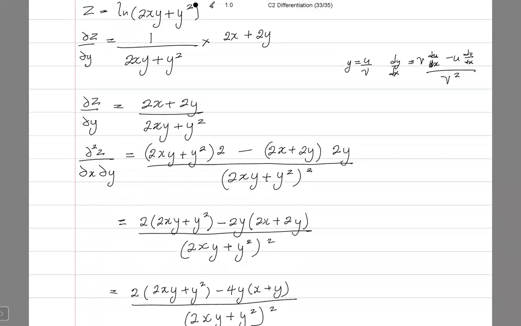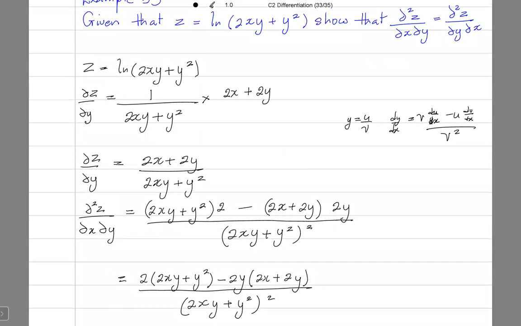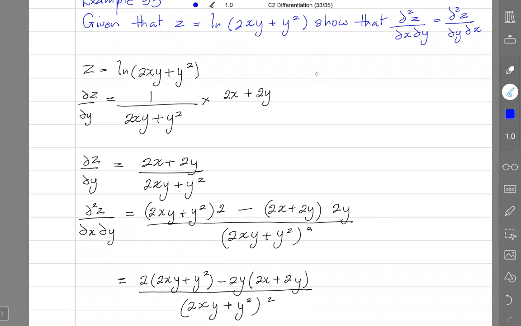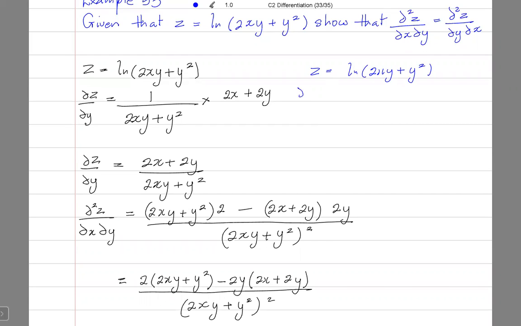All right, so let's do the same thing now, but this time differentiating partially with respect to y first. Let's change the ink color so as not to confuse ourselves, because we have limited space. So z is equal to ln of 2xy plus y squared. Del z by del y: I'm going to treat x as a constant.